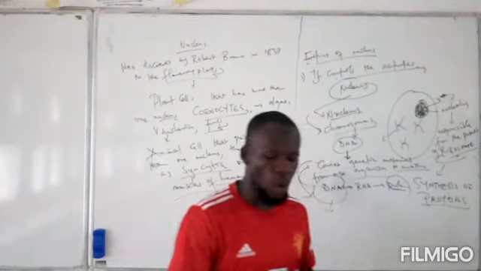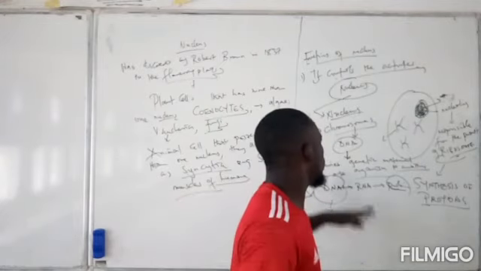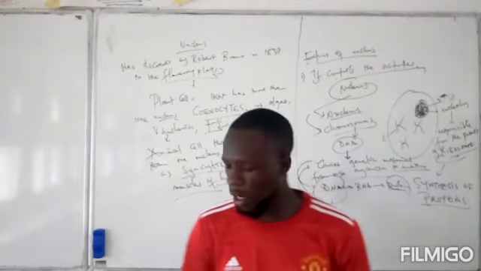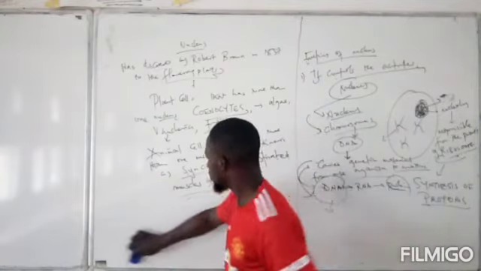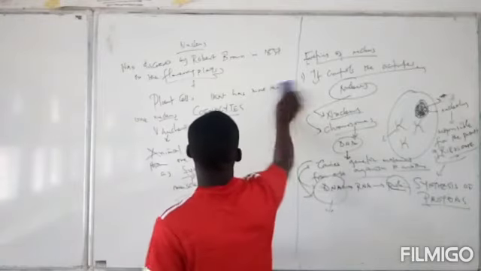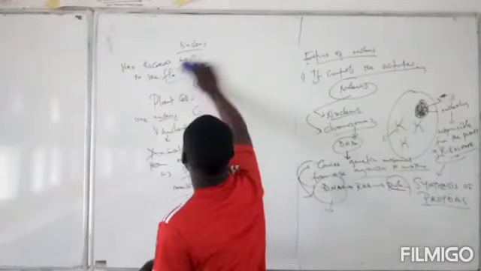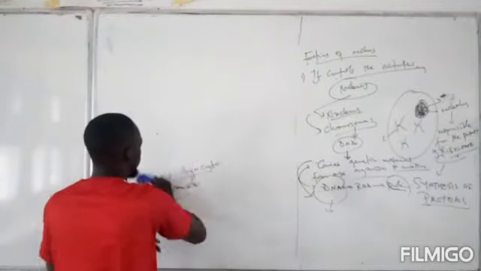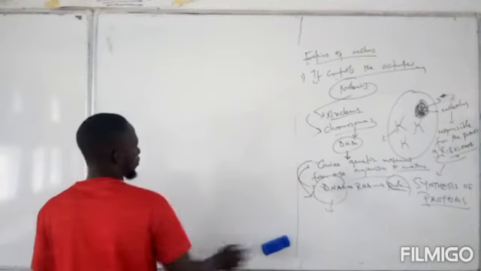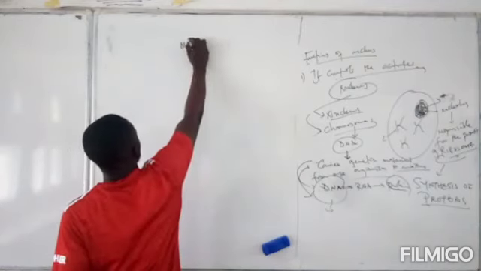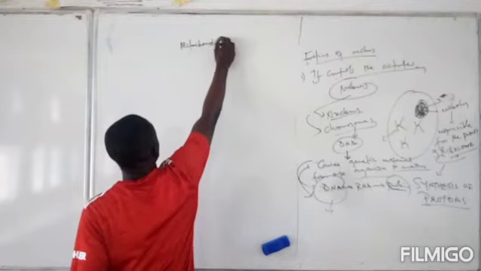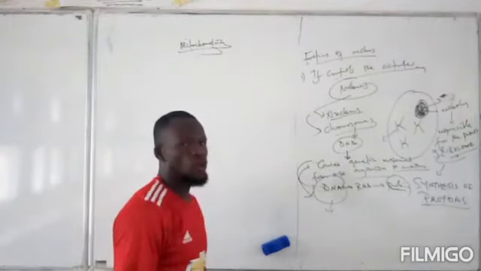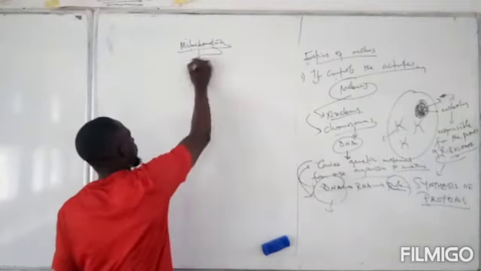cell. So we will also be looking at the next part of the organelles in the cell, which is the mitochondria. Now, talking about mitochondria, it has a nickname, which is known as the powerhouse of the cell.